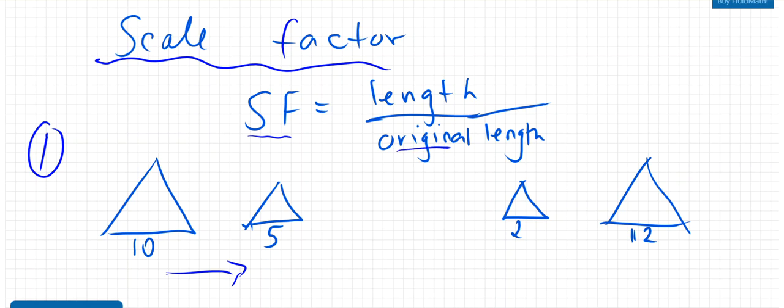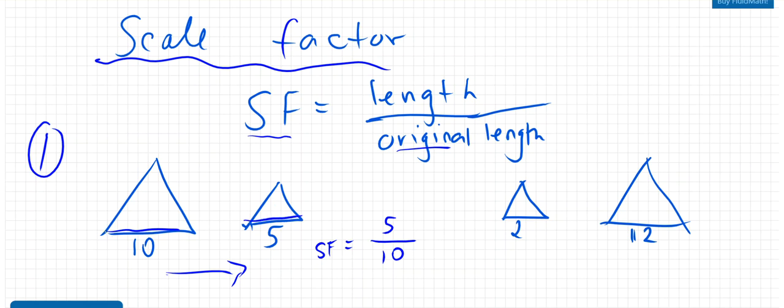It's really important. So looking at this problem here, the first one, the larger triangle is what we're starting off with and it's becoming smaller. So if I was going to work out the scale factor, scale factor is equal to, on the bottom is my 10, that's my original. So on top is my 5. And of course, these two lines here correspond to each other.